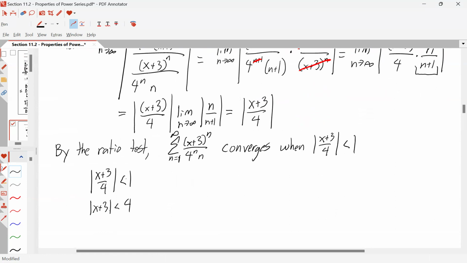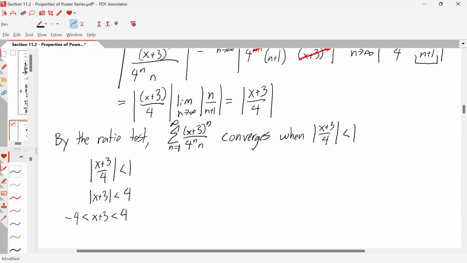And what the absolute value means is that our value of x plus 3 is bigger than -4, but smaller than 4. And now we can add or subtract 3 from both sides to get -7 is less than x is less than 1.